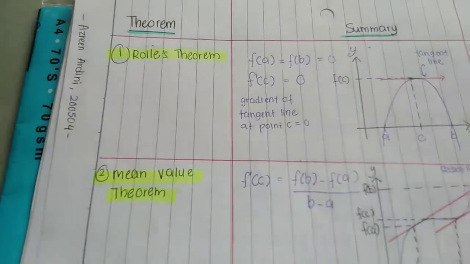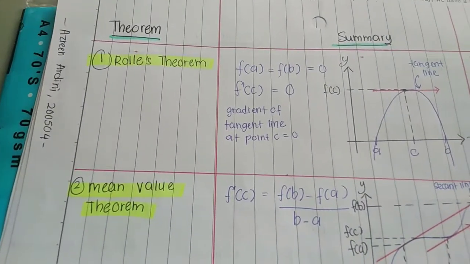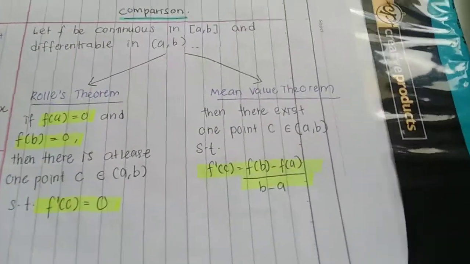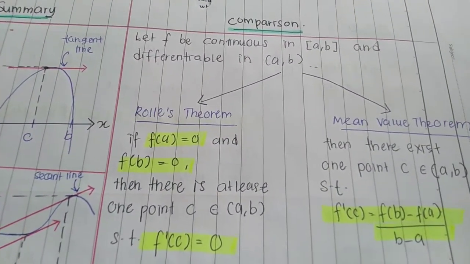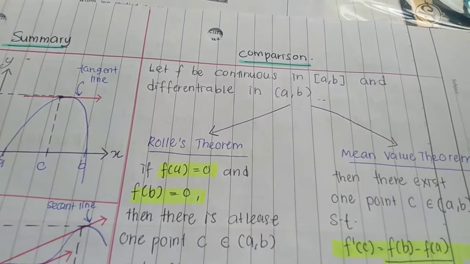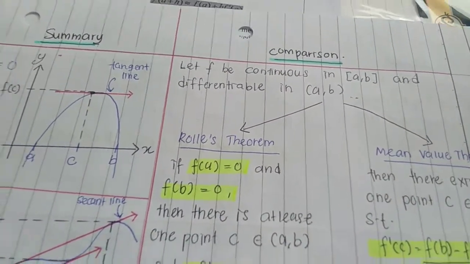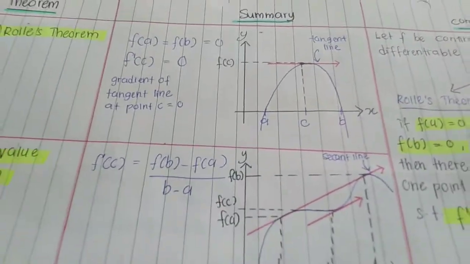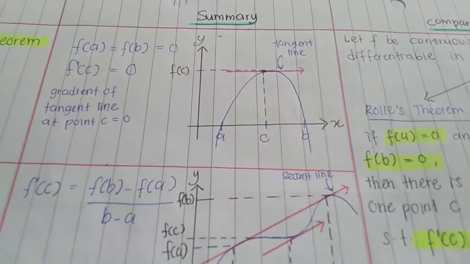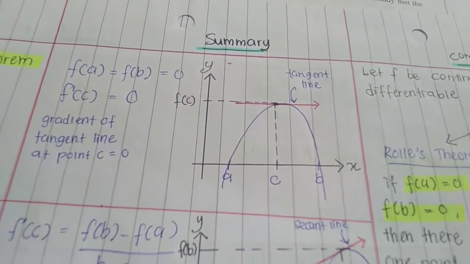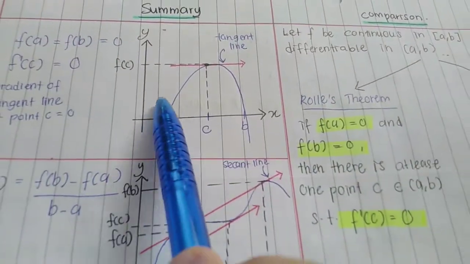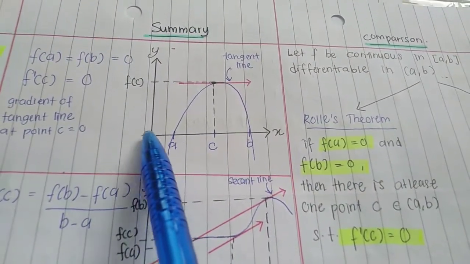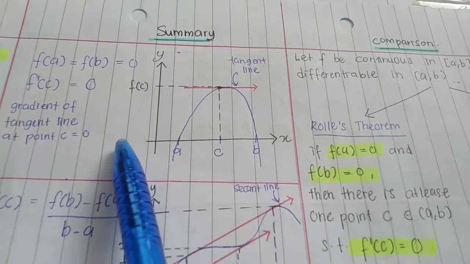Alright, firstly we have Rolle's theorem. For Rolle's theorem, let f be a continuous function in the closed interval [a, b] and differentiable in the open interval (a, b). The characteristic of Rolle's theorem is that f(a) equals f(b) equals 0, which means the location of f(a) is 0 and f(b) is also 0.